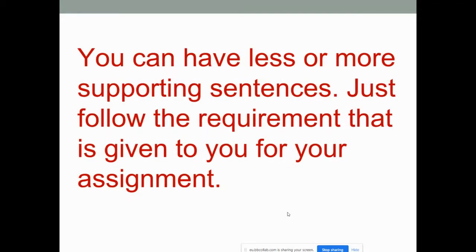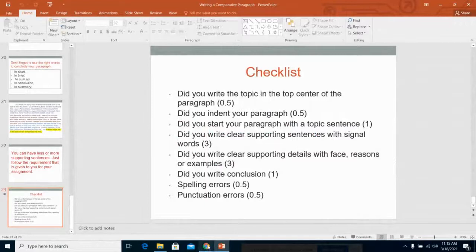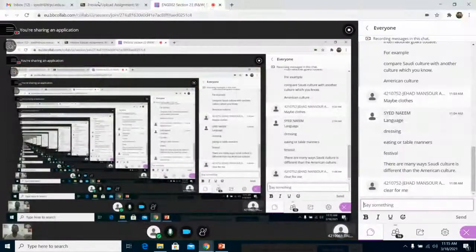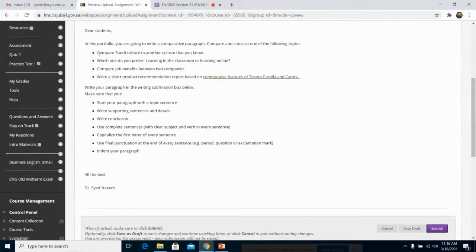So you can have fewer or more supporting sentences. Just follow the requirement that is given to you for your assignment. So now look at the assignment on Blackboard. This is the requirement, as I mentioned to you before. You have 4 topics. Compare Saudi culture to another culture that you know. Which one do you prefer, learning in the classroom or learning online?